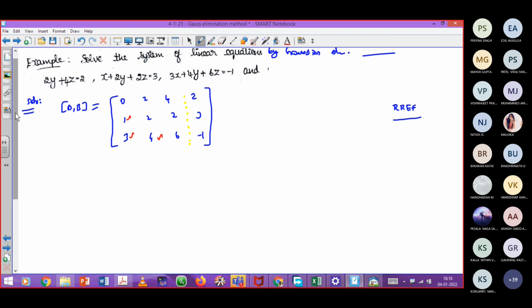No, not the exact answer. See here, what about this column? This is the coefficient of x, the coefficient of y, the coefficient of z. If you change it, then what will happen? The equation will change. Very good.